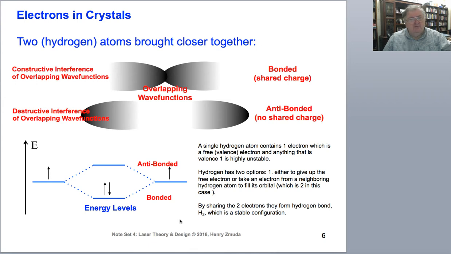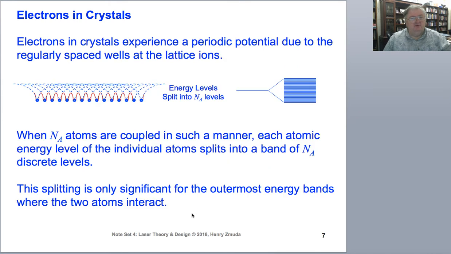Okay, so even here, before you even thought about things like bands and semiconductors, we see that for two simple hydrogen atoms, when they bond, when they come close together, the energy levels split into 2 levels. Well, electrons in a crystal experience an interference of wave functions as well. Why is that?